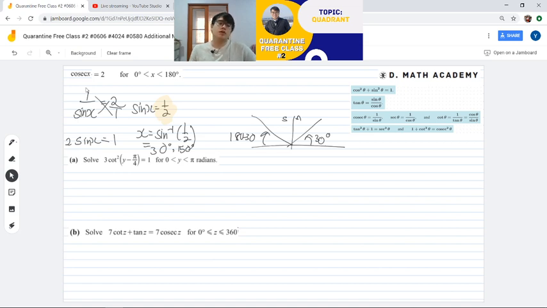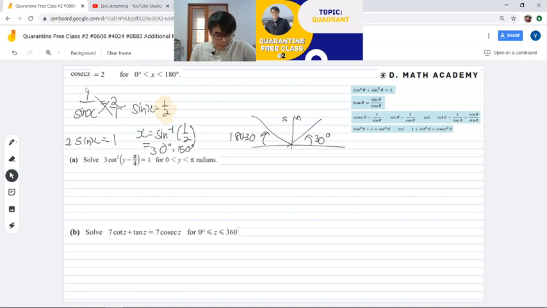Okay, if you manage to solve this, then you can try out question A over there. Things to take note of: the question now is in radian. So first thing, change your calculator back into radian mode, and do take note of the range because they changed it into y minus pi over 4.